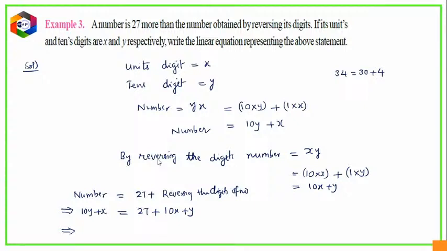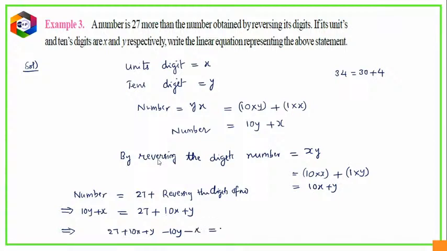Now what you have to do is, in general, variables we keep on the left hand side and constants on the right hand side. So I am bringing everything to one side, the right side only. So 27 plus 10x plus y, and upon transposing, minus 10y, minus x.